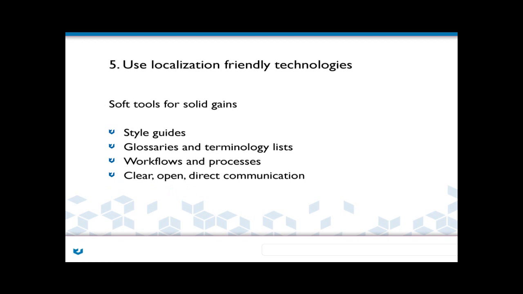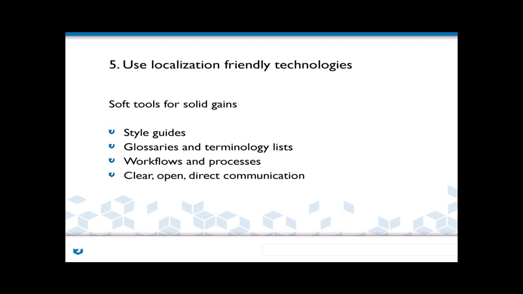So again, talking a bit about some of the tools and technologies to leverage, there are a lot of soft tools. They'll give you some really solid gains. Style guides are critical, as are glossaries and terminology lists. Not only are they critical for your audience to understand what you're talking about, but they're critical for your translators to wrap their heads around specifically what you mean when you talk about certain things.